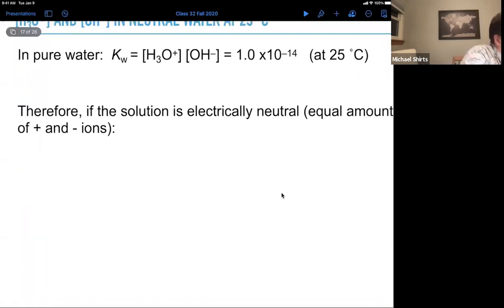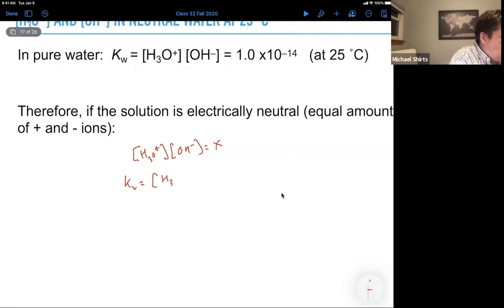Therefore, the concentration of hydronium and the concentration of hydroxide are both equal to x. What's x? We don't know, but it's the same variable. So Kw, which is equal to H3O plus times OH minus, would be x times x, x squared, equals 1.0 times 10 to the minus 14th.